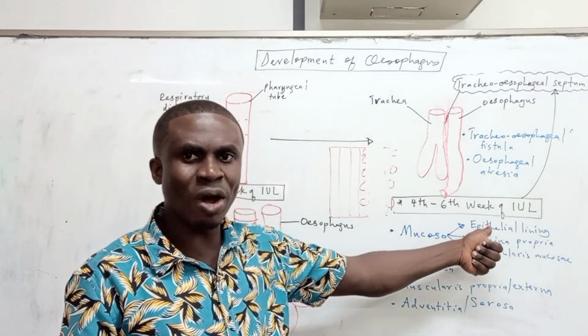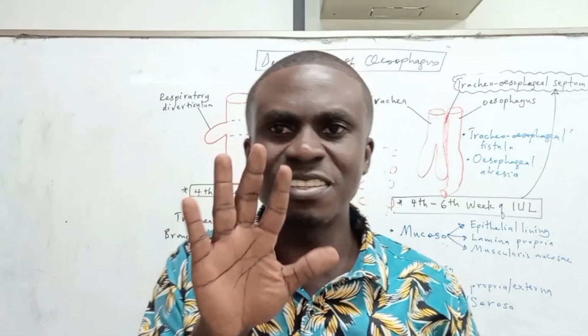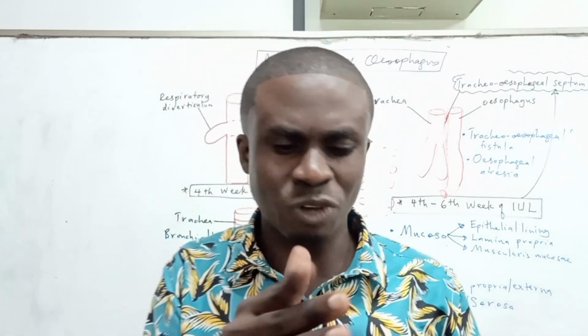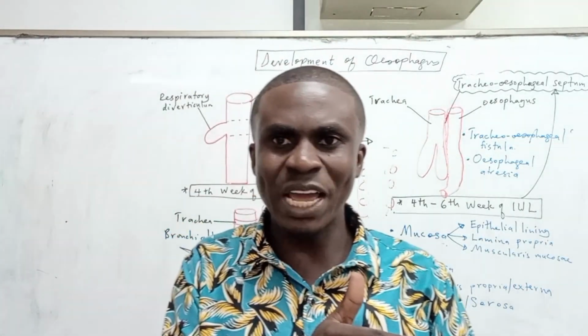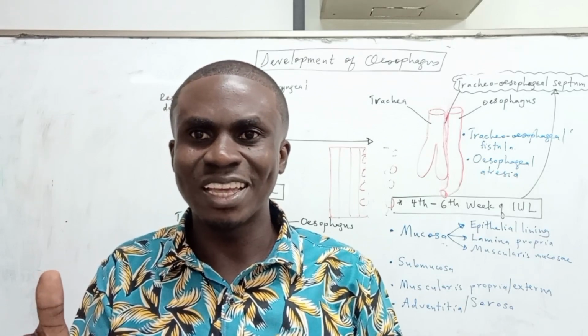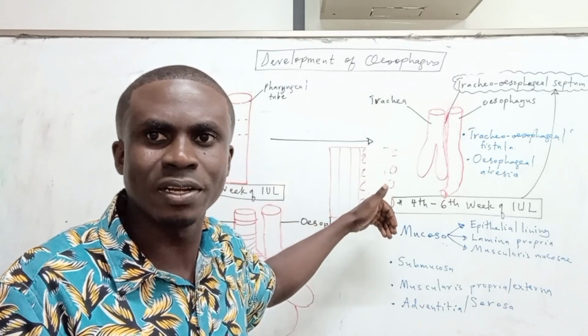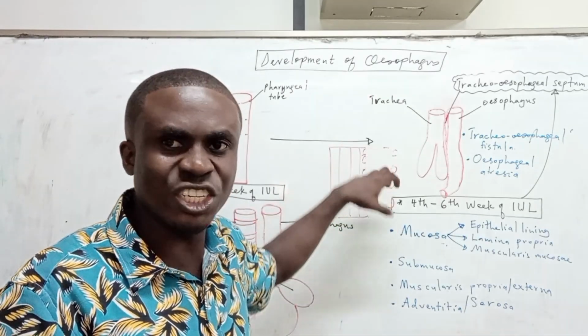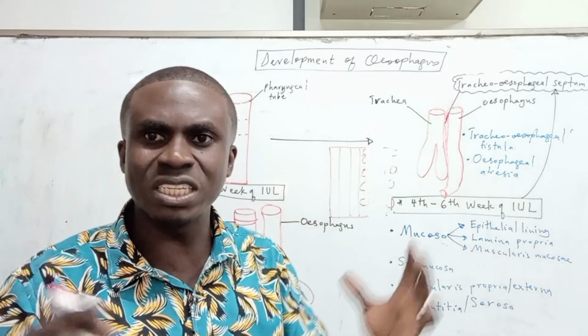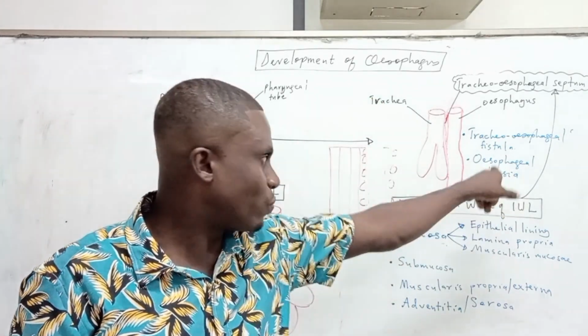Now, we've talked about one of them, the epithelial lining. The epithelial lining doesn't stay the same. Remember that it got transformed from simple columnar epithelium with cilia to stratified columnar with cilia. Now, this time there has been erosion, so to speak, ensuring recanalization because of the confluence of these large vacuoles, so that there's recanalization to prevent oesophageal atresia.